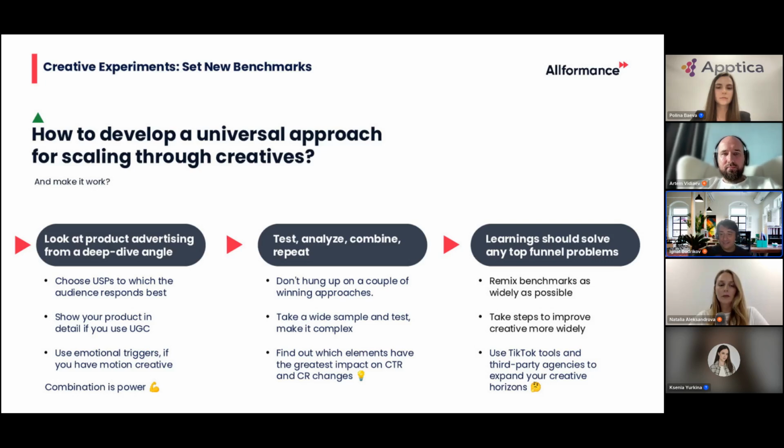Another step is to test, analyze, combine, and repeat. What it means: don't hang on to a couple of winning approaches, because you need to take a wide sample and test, and make it complex. For example, if you want to use the UGC approach, talking head, and you use only this approach and scale your creatives only with this kind of simple UGC, throw it away and make it more complex, make it wider.